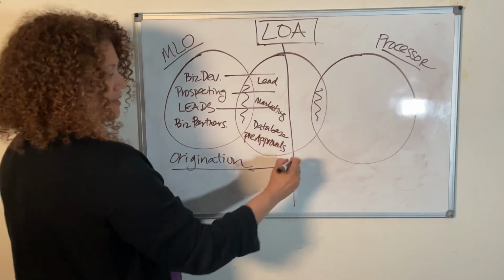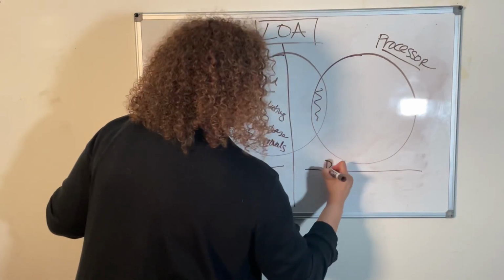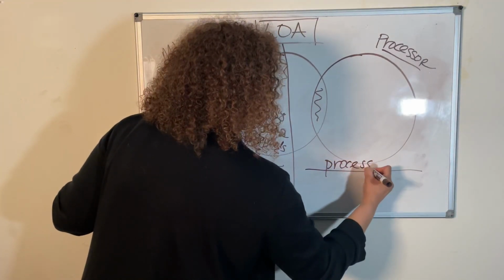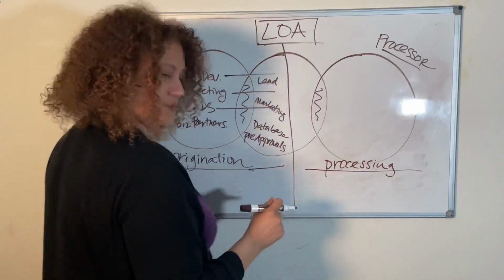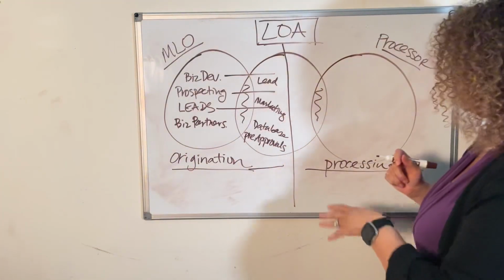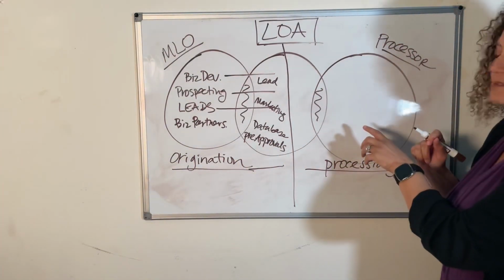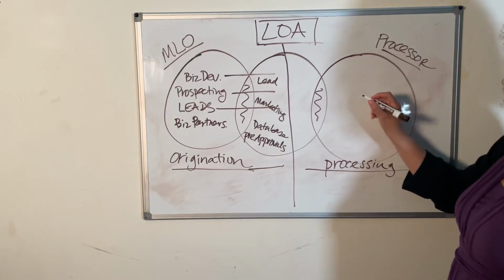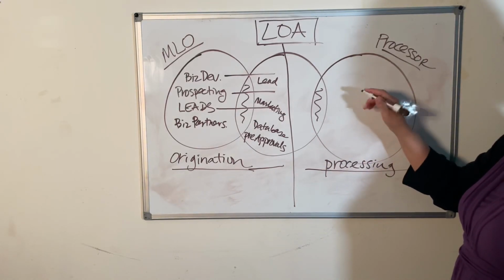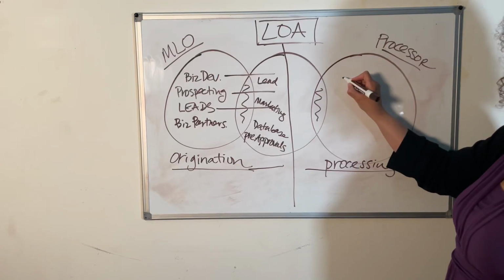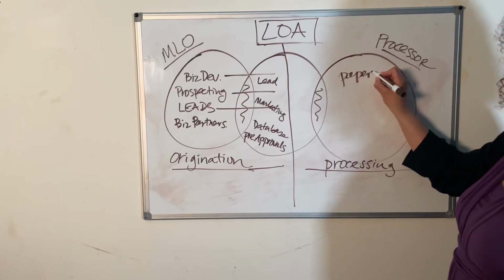And then on this side is called processing. Okay. Let's see if I can move over here. Okay, so on the processing side, the processor is doing things like, we'll say paperwork, just for a general term.